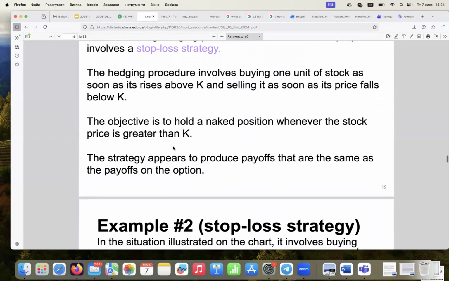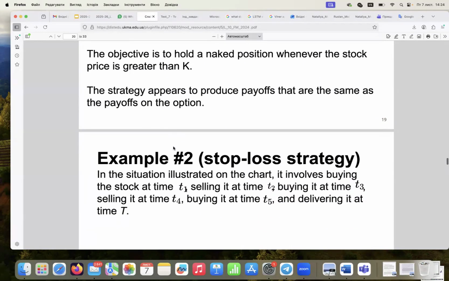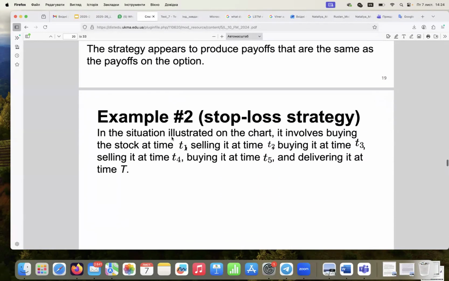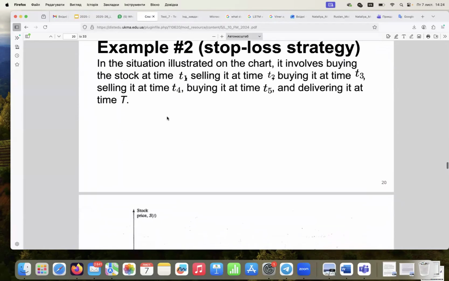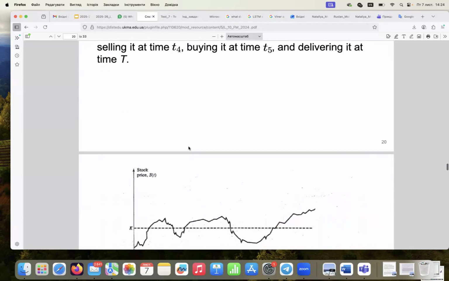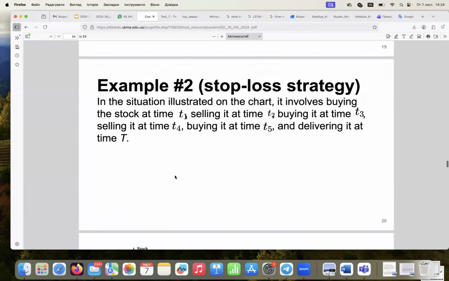But wait, at this point, we are buying our stocks when they are greater than our K, or not? Please repeat your question. Okay, so when do we buy? When do we buy stocks?